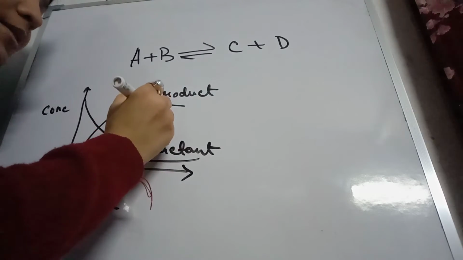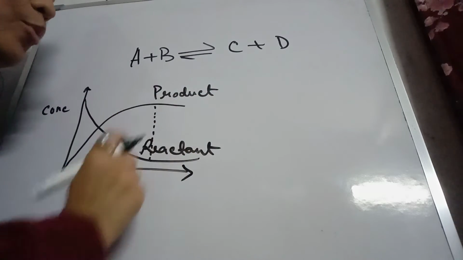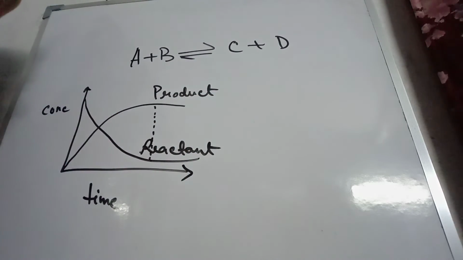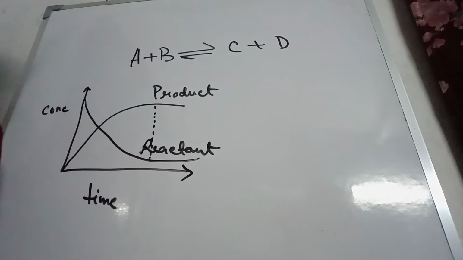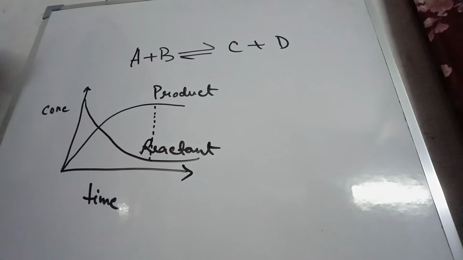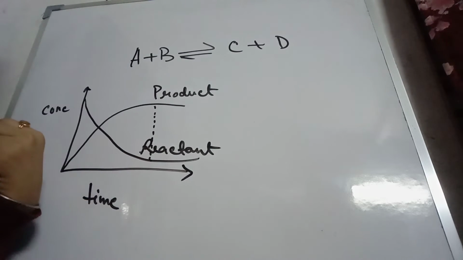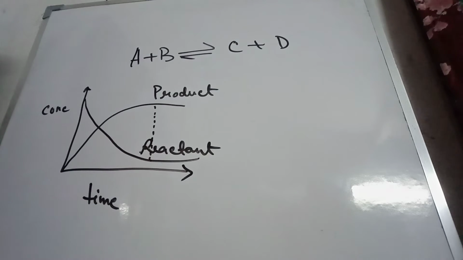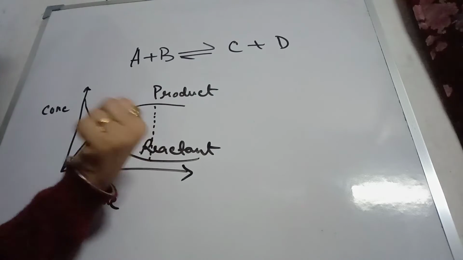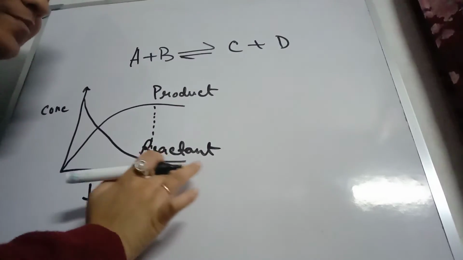So this one is my equilibrium point. The point at which the concentration of both reactants and products starts becoming constant, that point is termed as the equilibrium point. So this is your plot of graph of concentration versus time. With time, concentration of product increases and that of the reactant decreases.